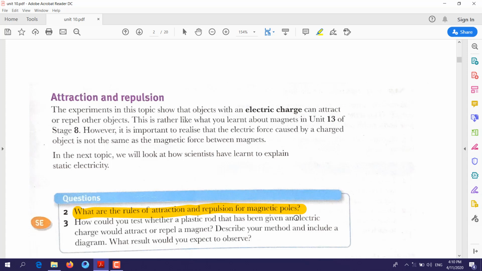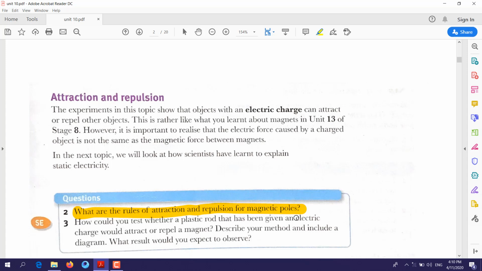As we know, a magnet has north and south poles. In other words, it has positive and negative poles. When you have a positive pole next to a negative pole, they will attract each other.